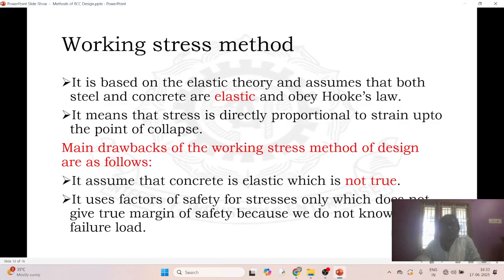Main drawbacks of the working stress method of design are as follows. It assumes that concrete is elastic. Concrete is never elastic, so this is not true. It uses factors of safety for stresses only, which does not give the true margin of safety because we don't know the failure load.